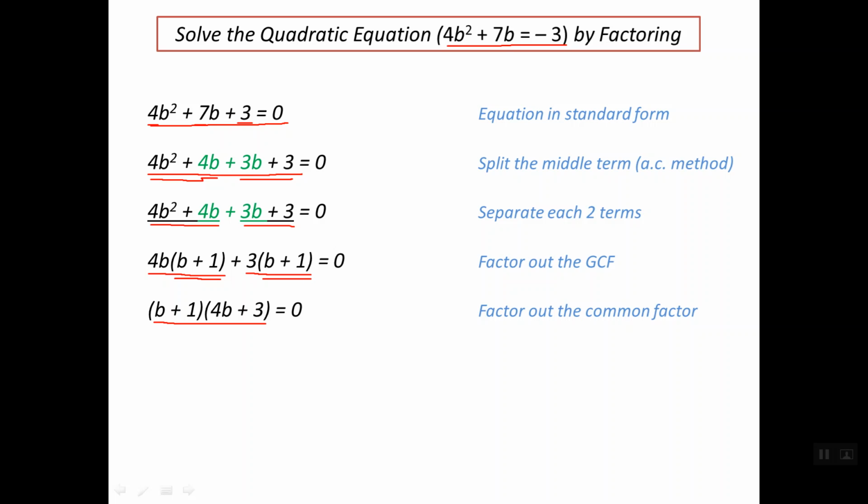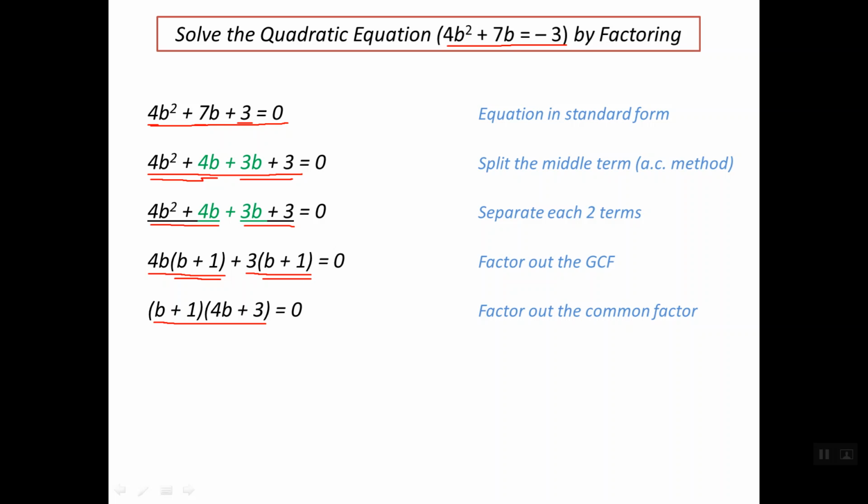The multiplication of these two factors is equal to 0. So we have two factors, the first is b plus 1, and the second one is 4b plus 3. Of course, you can check the correctness of your solution by substituting.